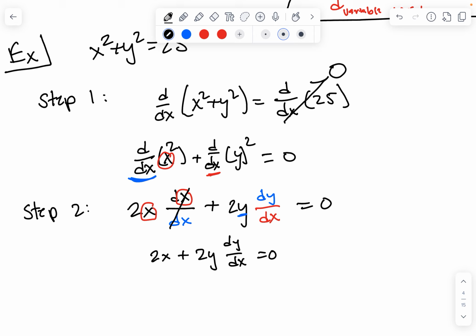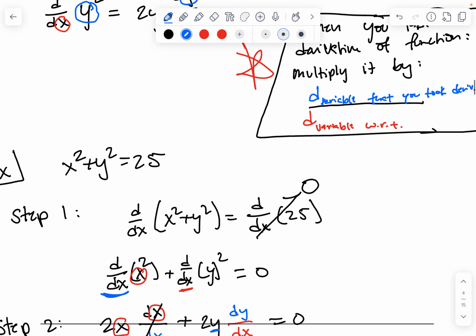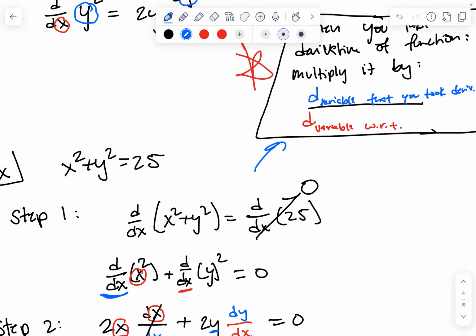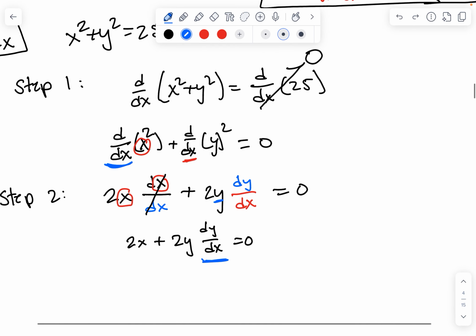So what are we trying to solve? The dy dx term, because this right here is your implicit differentiation. Implicit means multiple variables. We have taken the derivative of the whole equation, and we are trying to isolate this term. Let's first start off by moving the x to the other side.